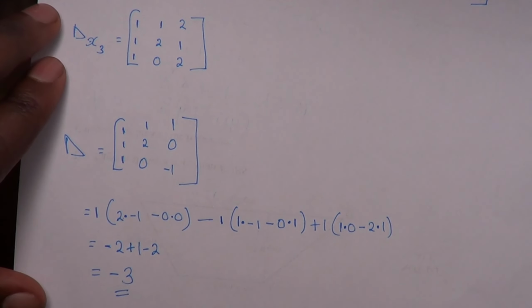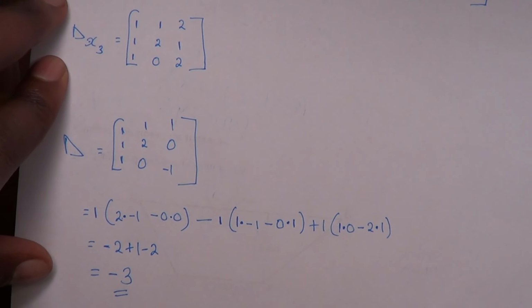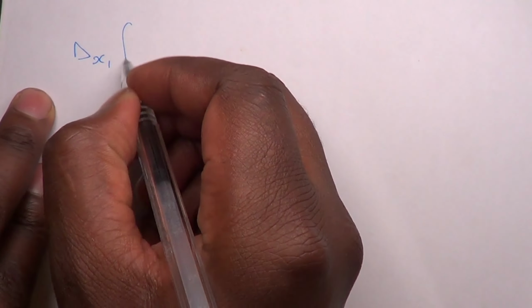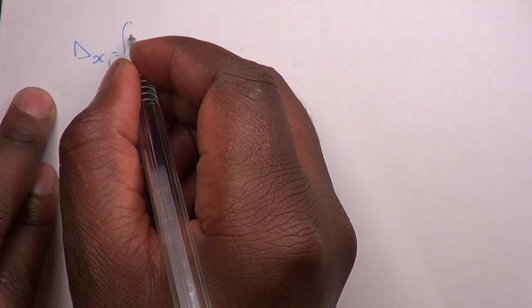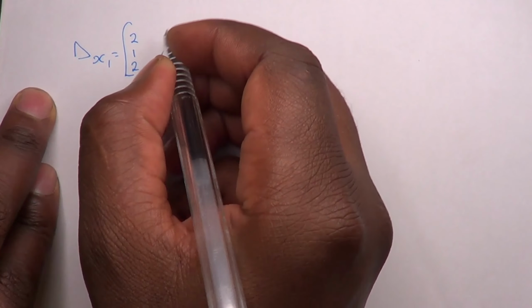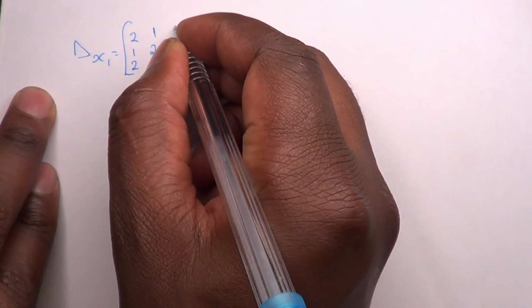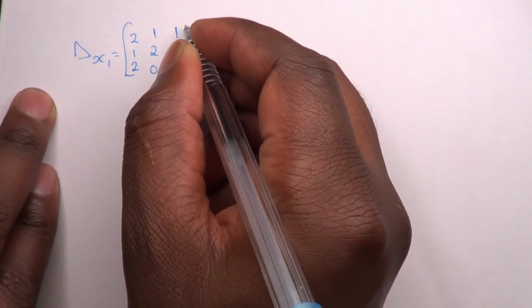So we need to find the determinant of Dx1. Remember it was 2, 1, 2, 1, 2, 0, 1, 0, negative 1.